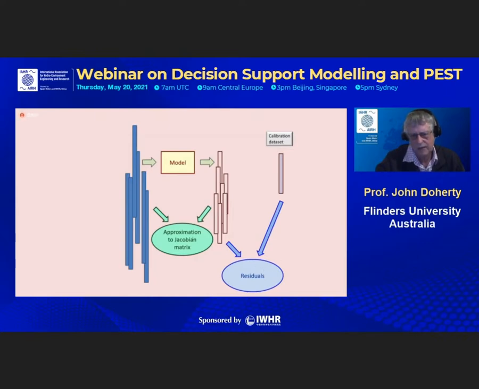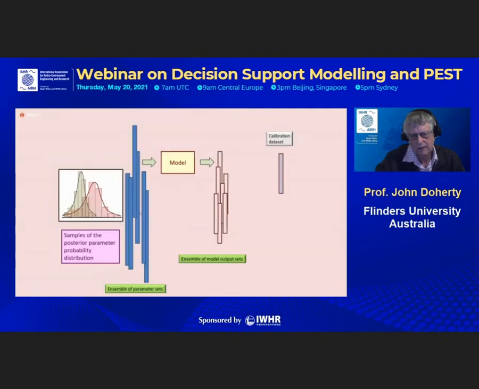There is enough information here to calculate an improvement to these ensembles so we get a better match with the data, and then improve them again, and then again, at a cost of a few hundred model runs each go, until those samples of the prior have morphed into samples of the posterior. So we can then quantify the uncertainties of decision-critical predictions.